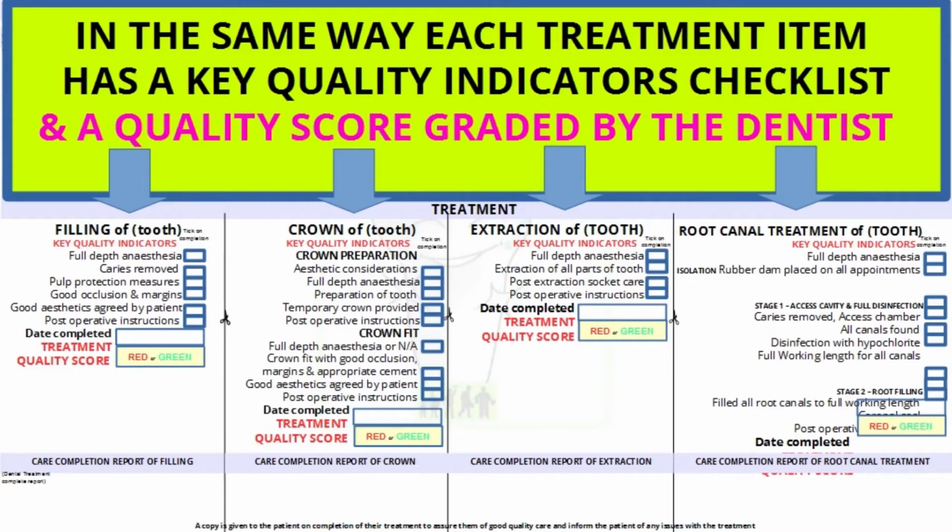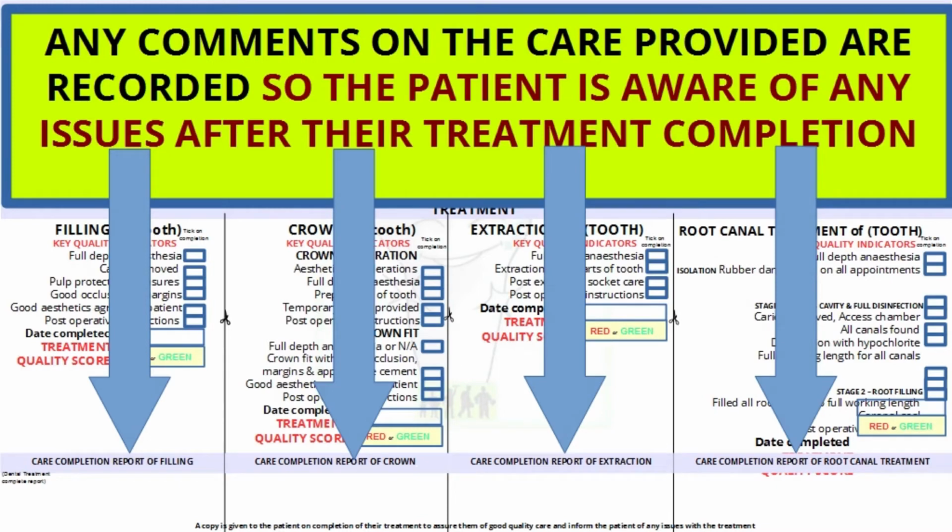In the same way, each treatment item has a key quality indicators checklist and a quality score graded by the dentist. Any comments on the care provided are recorded so the patient is aware of any issues after their treatment completion.